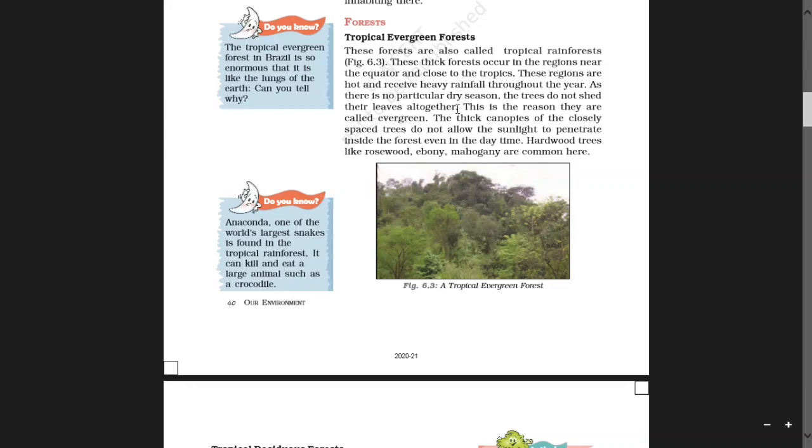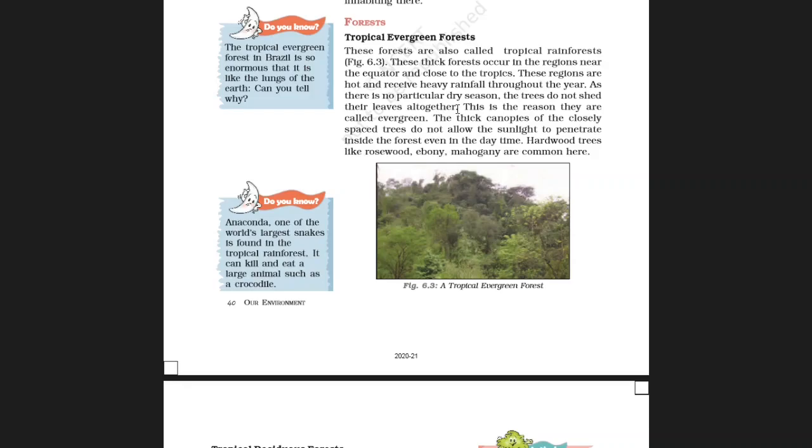The leaves of the trees do not fall down altogether. Generally we find that in the winter days, especially in the months of December and January, many trees shed their leaves.